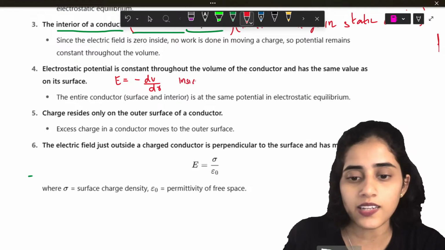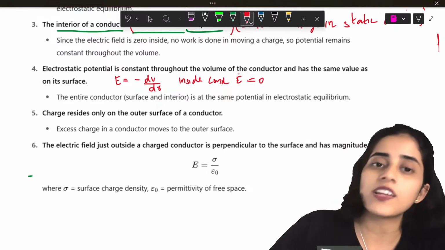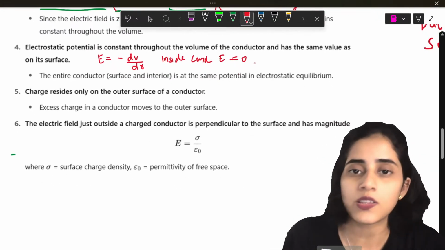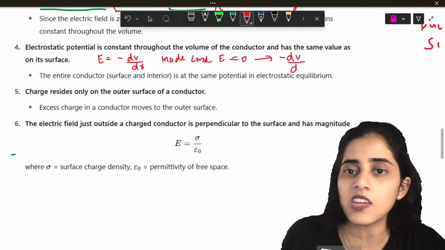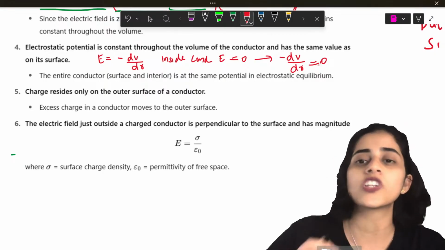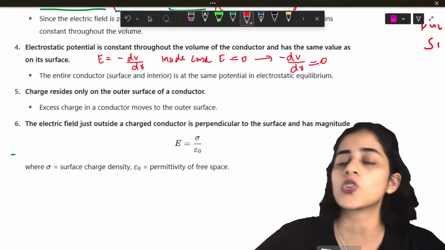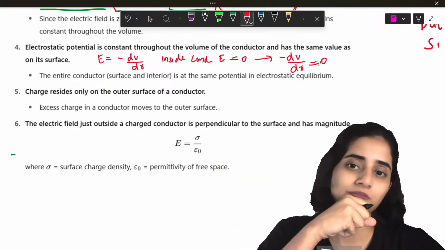So inside a conductor, the electric field is zero. If the electric field is zero, what does that mean? That means minus dV by dr is equal to 0. Now, when you differentiate, what do you get? 0. The differential of something is 0. What is that something?